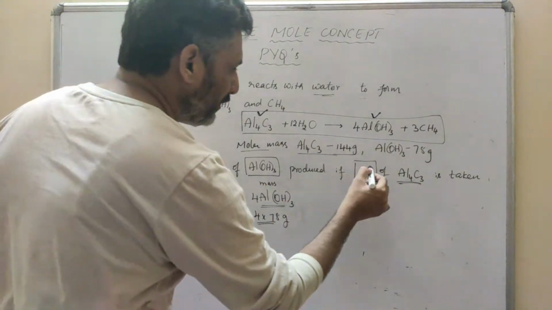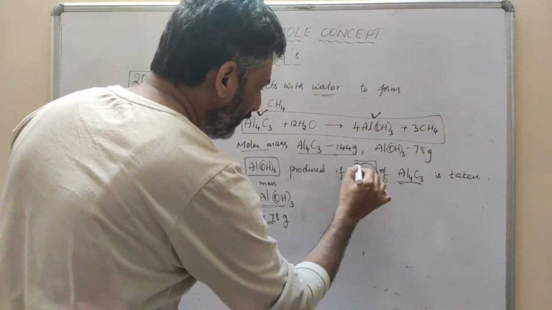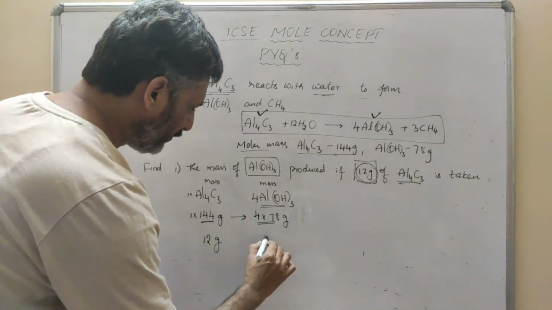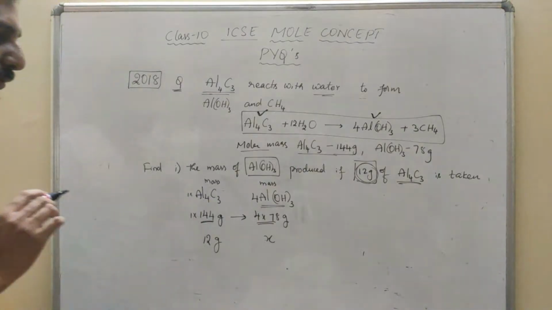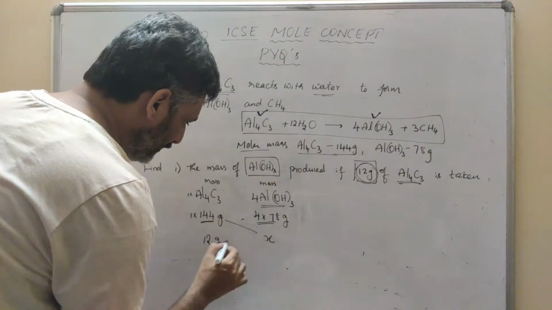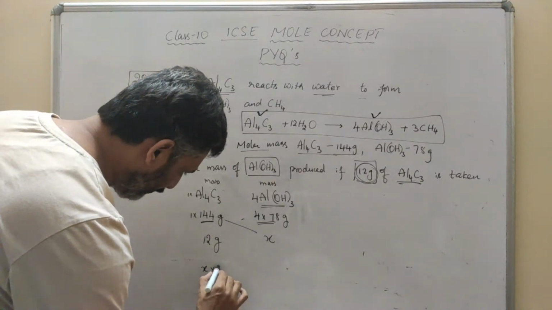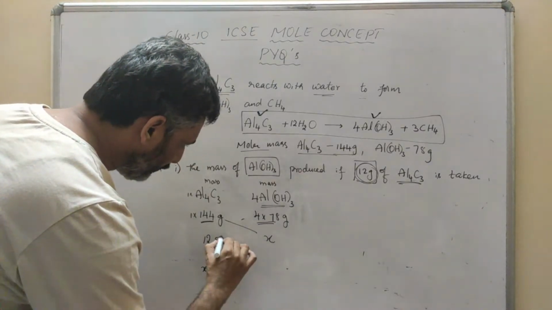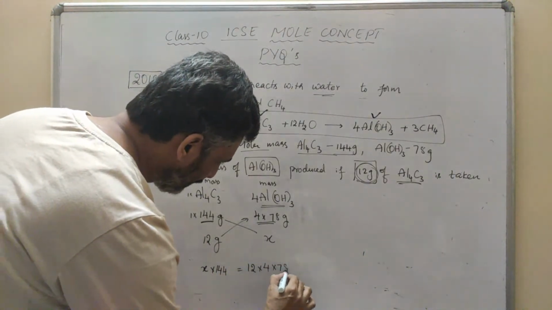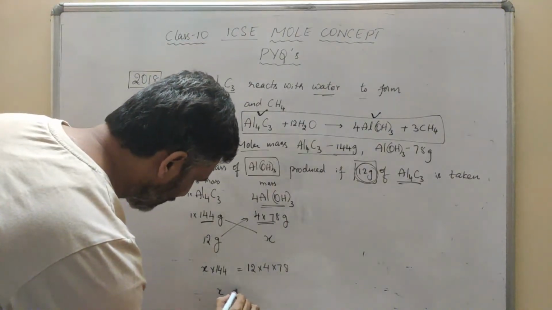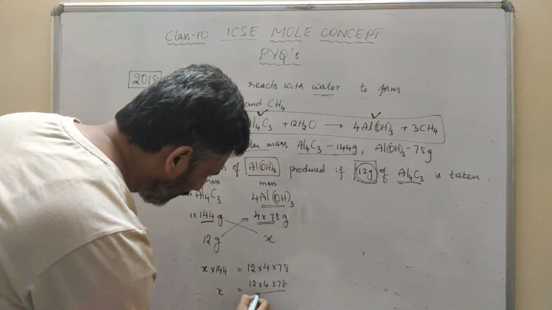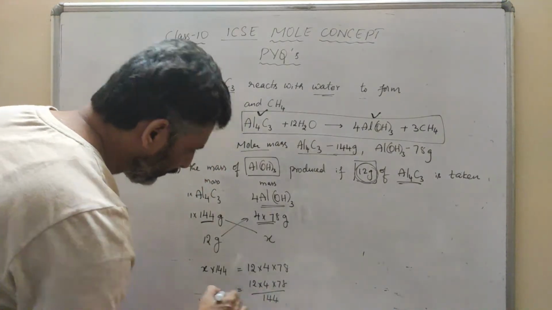But in the question, I am taking only 12 grams of aluminium carbide. If I take only 12 grams, what will be the mass of aluminium hydroxide produced? So we cross multiply: X into 144 is equal to 12 into 4 into 78. X is 12 into 4 into 78 divided by 144.